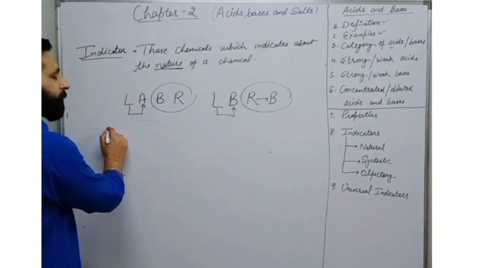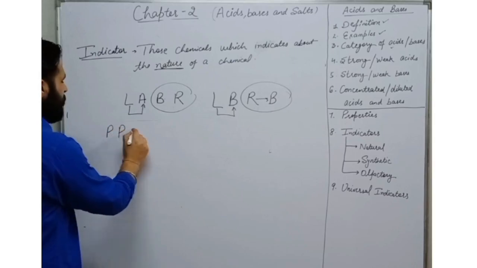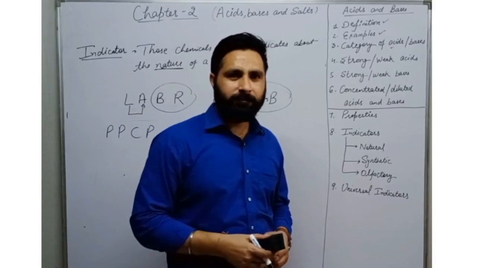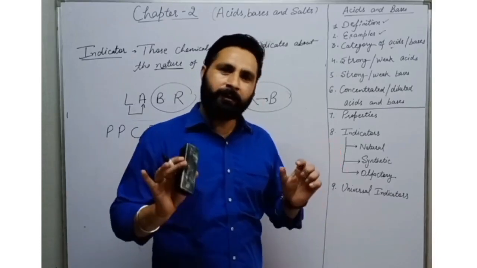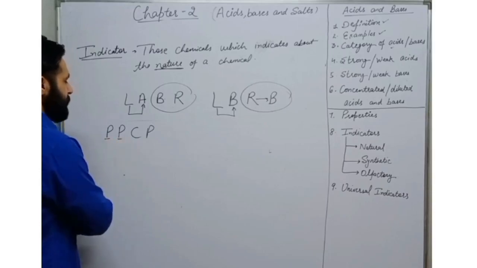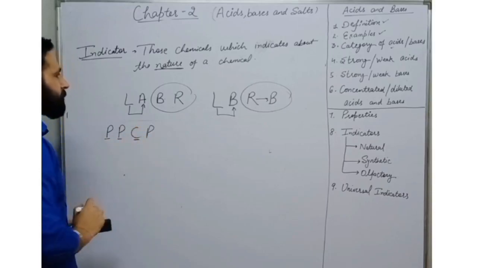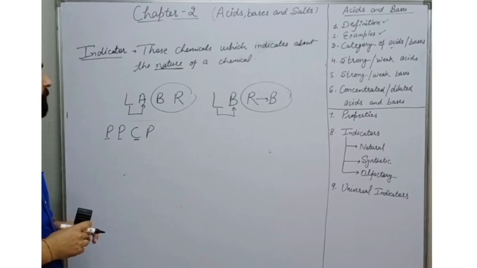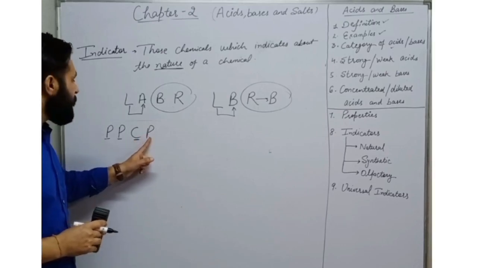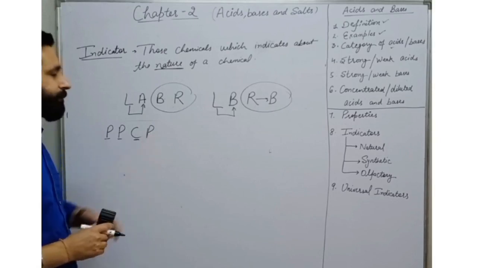Now phenolphthalein, P. Just we will provide you only T. So phenolphthalein in acid, its color is colorless. C for colorless, and in base its color is pink.